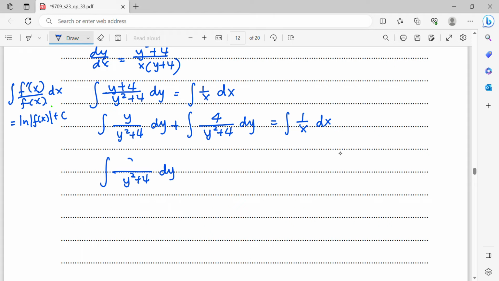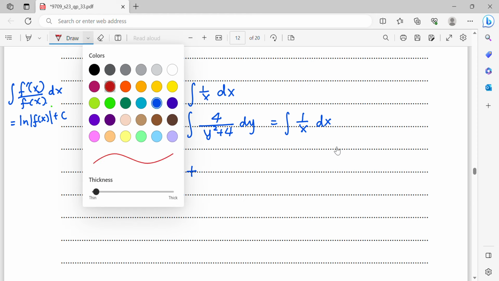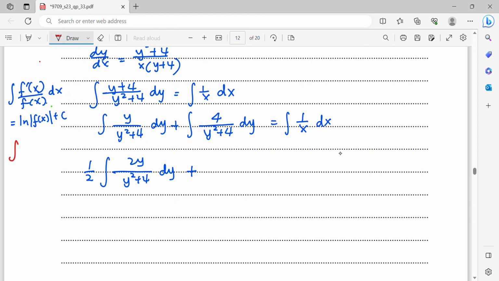Differential of y squared plus 4 will be 2y. But to get back the y, I have to times half outside. And for the next one is going to be inverse tangent, which is a over a squared plus x squared dx. Then I will get inverse tangent x over a plus c.